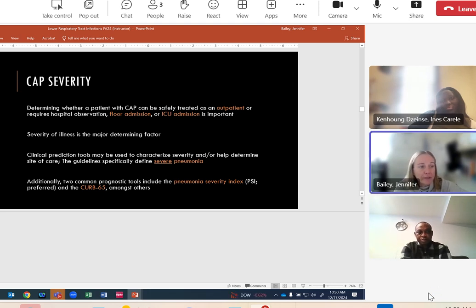And for CAP, what we're really trying to decide is, can they be treated as outpatients? Do they need to be admitted to the hospital? And if they do need to be admitted, are they stable enough to be on the floor, or are they sick enough to require an ICU? So those are the 3 levels of severity, and each of them has different treatments affiliated with it.